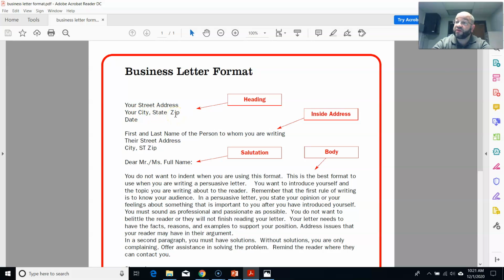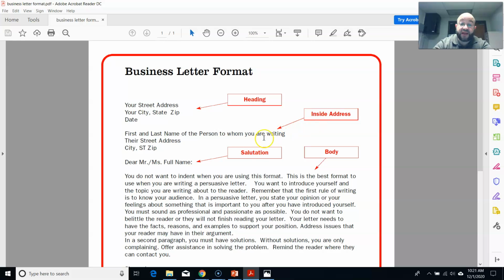Again, I'll show you how to do that in the U.S. Postal Address Standards. There should be an additional space, then the date, then a space like you see here, then the first and last name of the person you are writing, maybe their business, their street address, their city, state, and zip. This top one is called the heading. The lower one is called the inside address.